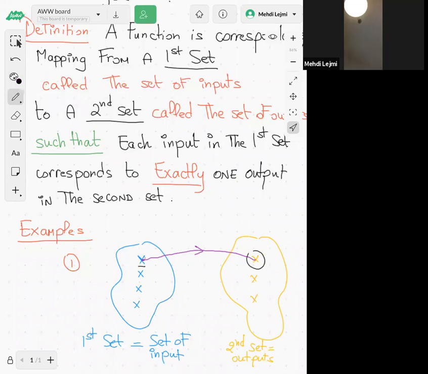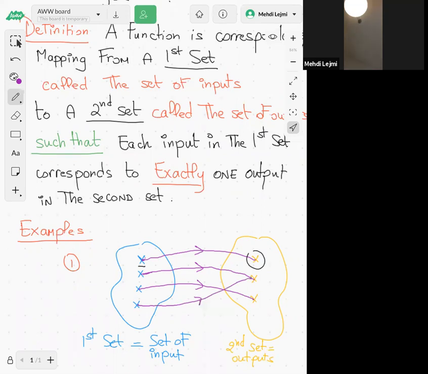Okay, I'm going to do the same for the second point. So this one here goes here. Okay, and then my third point, this one here, goes to the third point here in the second set, and my fourth point goes to, let's say, the third point here in the second set.